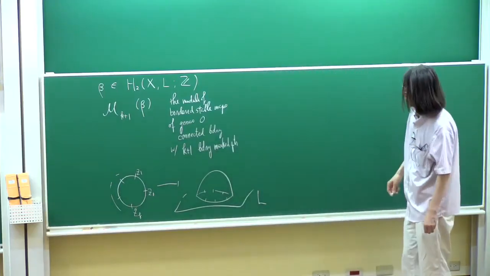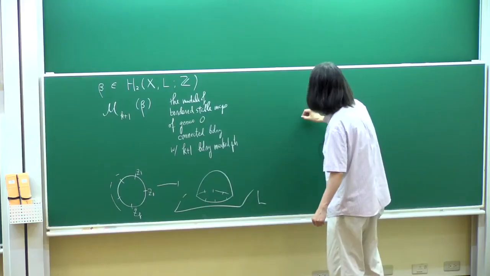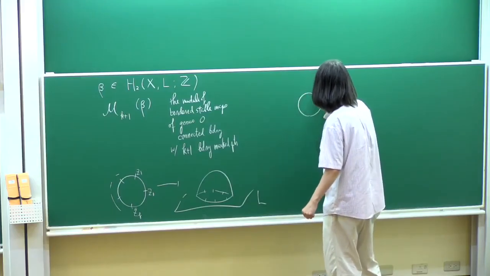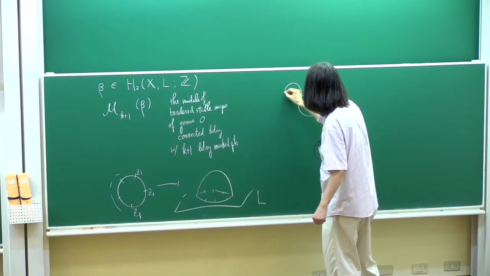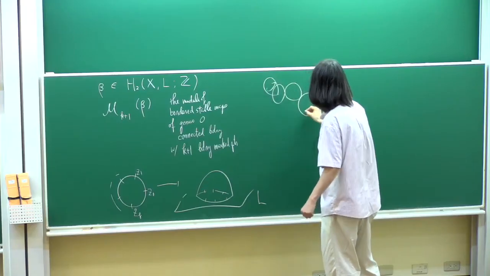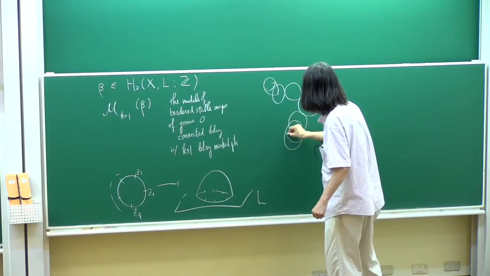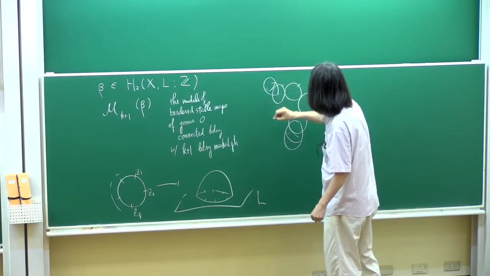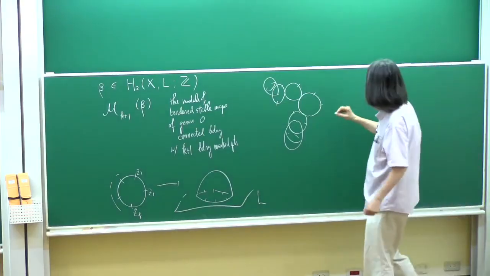If you want more complicated pictures, you may have some sphere bubble here, or other ones, and a bunch of marked points.